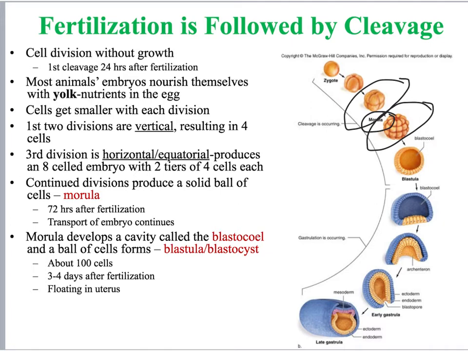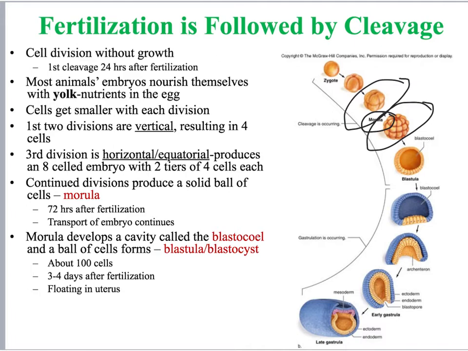And it has many, many cells in there. After about 4 or 5 days after fertilization, the embryo has about 100 cells, and at this point, it's reached the uterus. So what did it survive on this entire way? Remember, the cytoplasm that was given to it primarily by the developing oocyte during oogenesis.